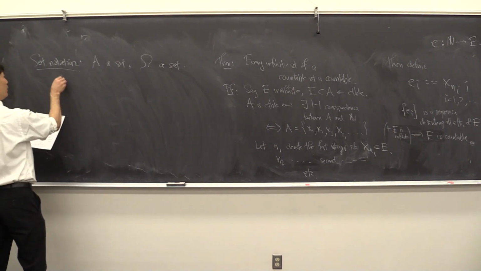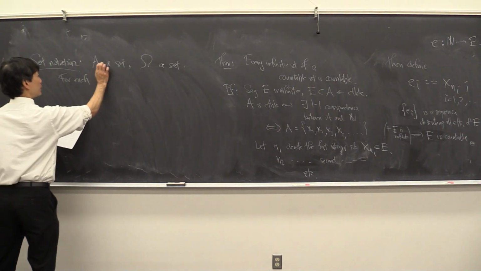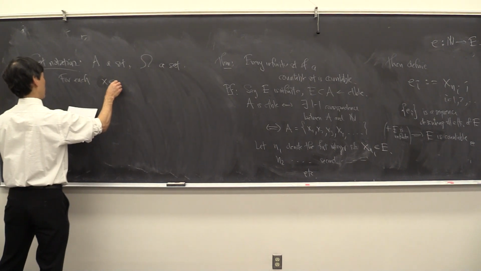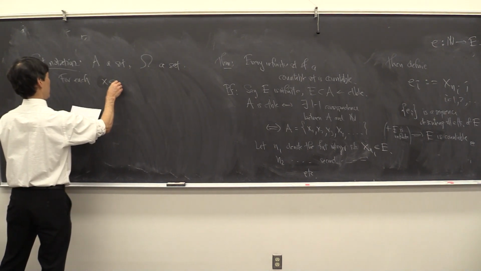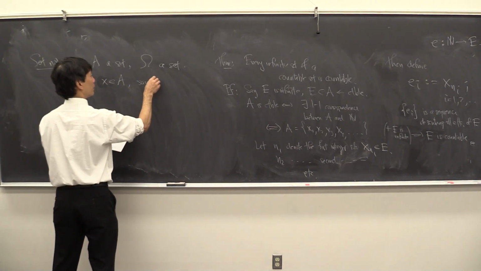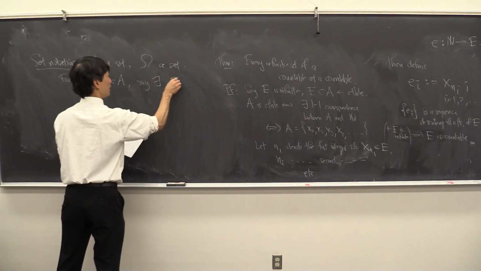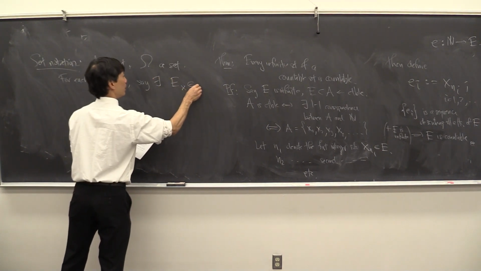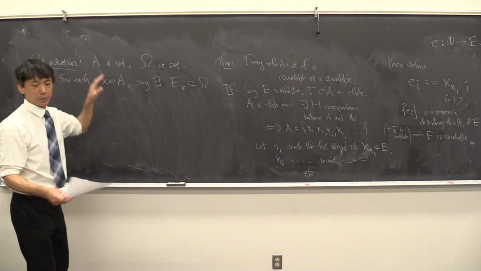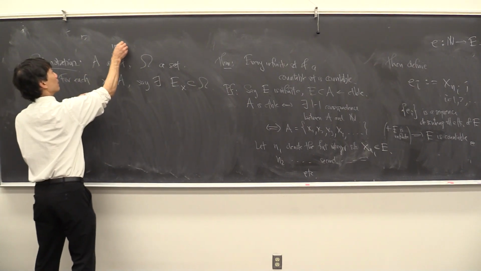And let's say that for each x in A, there exists a set E sub x in Omega. This may look confusing, but this is basically an index set.